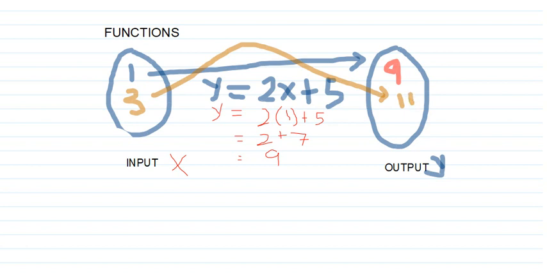So this is a clear demonstration of what a mapping is. The mapping is a rule, like a given function or an equation, a function that translates the input to the output value.